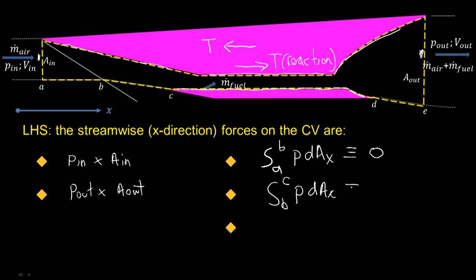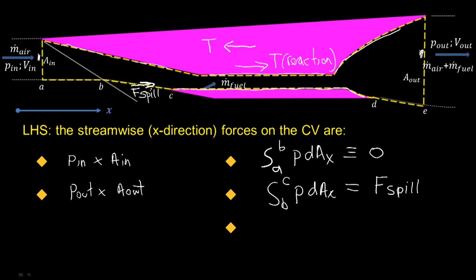And this term is known as spillage drag, and we will indicate it as F spill. So there is actually a force which is in the x direction associated with that part of our control volume.